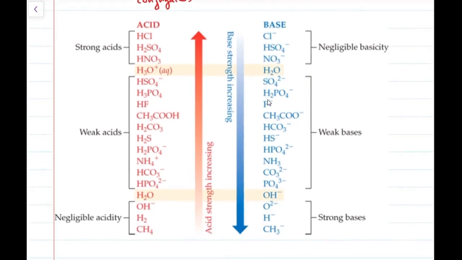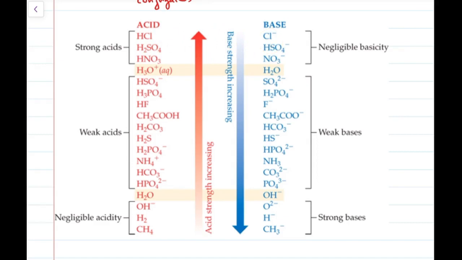The stronger the base, like a really strong base, CH3-, is going to be really good at accepting hydrogens, and once it does so, it's going to become a really weak acid. And the reason for that is you can think of it in terms of stability. If HCl is really good at giving up protons or hydrogens, the reason is once it does that and becomes Cl-, it's much more stable.